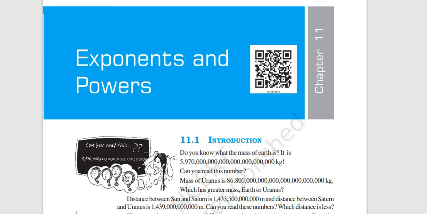In science, if you see the mass of the Earth, do you know what it is? If you write it, you have to write 6 followed by 24 zeros kg. Suppose, what is the distance between Mars and Earth, or between Earth and other planets, or between the Sun and Saturn?